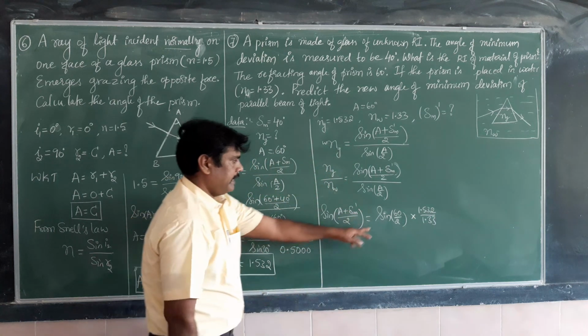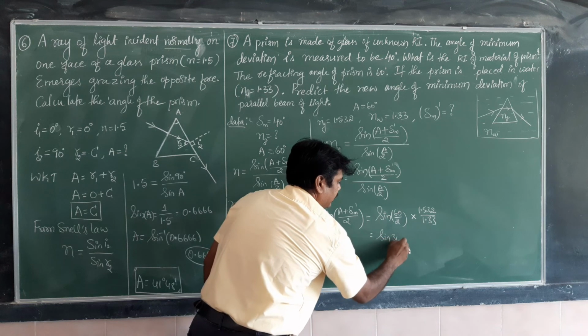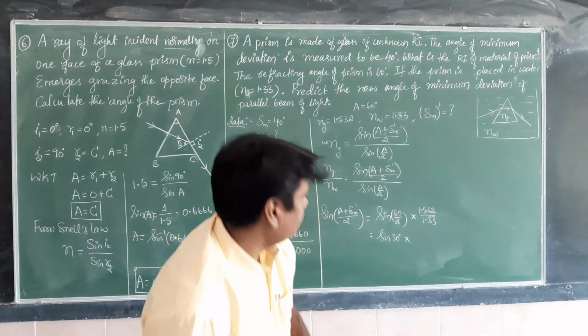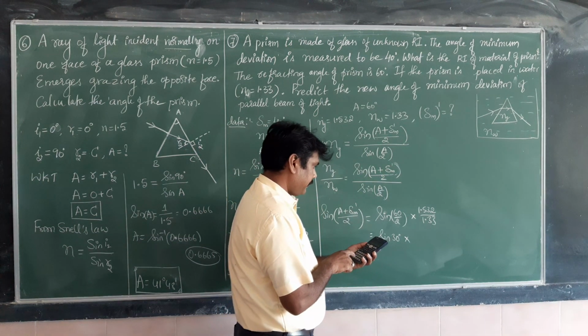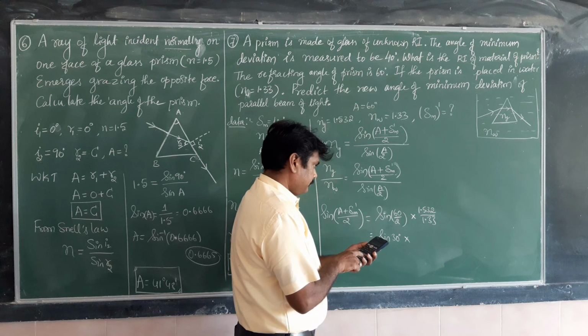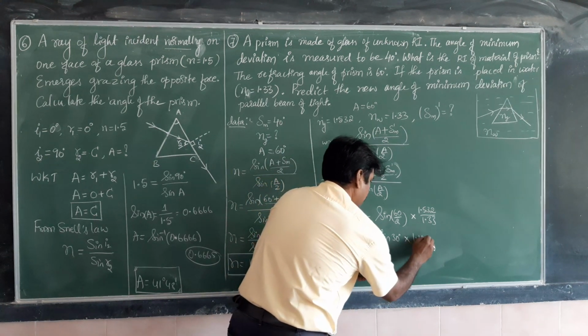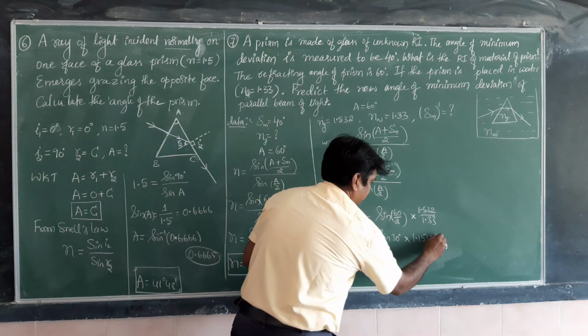You simplify this. Sine 30 degrees into the ratio of 1.532 and 1.33, which is 1.15187. I am getting it.